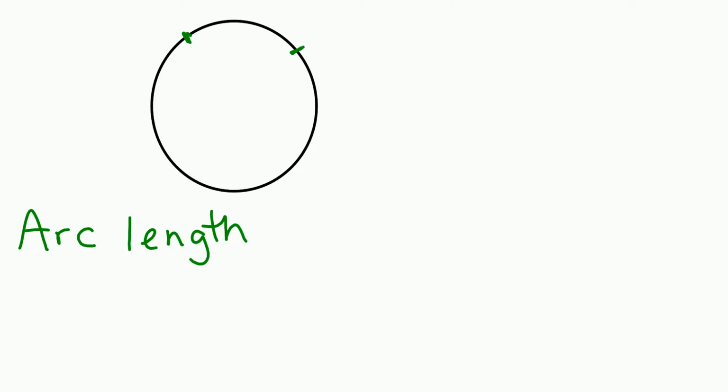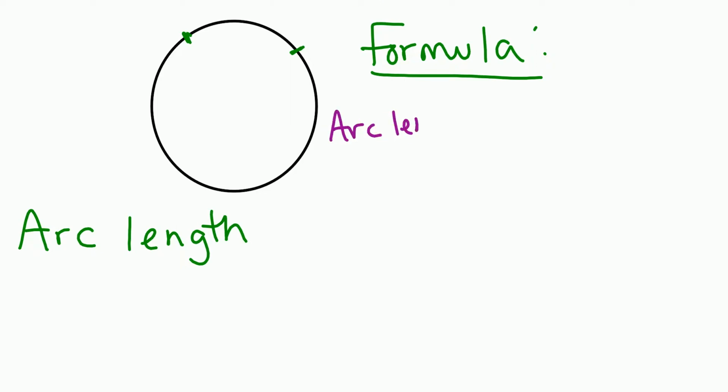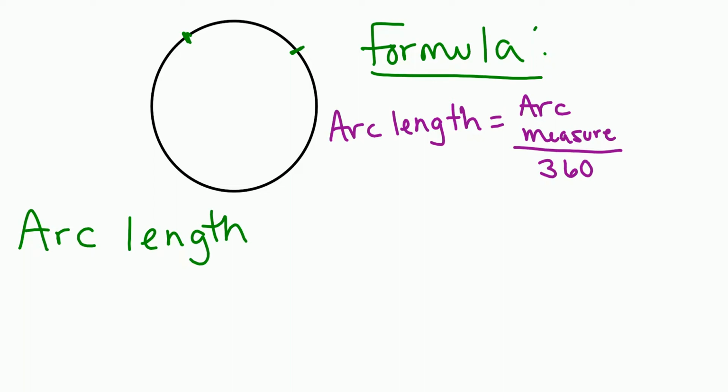Okay, so the formula for arc length is arc measure divided by 360 times circumference, and if you remember, circumference is 2 pi r.